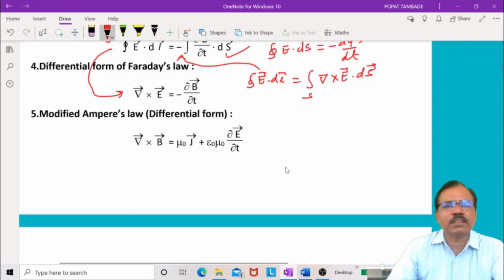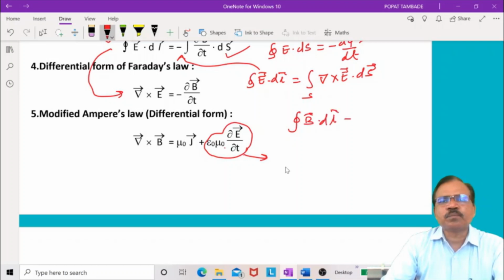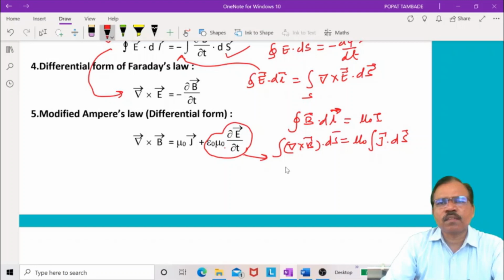Now modified Ampere's law: del cross B is equal to mu 0 J plus epsilon 0 mu 0 ∂E/∂t. This is the modified term introduced by Maxwell. In general, we know Ampere's circuital law, B dot dl is equal to mu 0 I, I is current, and we can write mu 0 integration J dot ds, and here we can write del cross B dot ds, means here surface integral of del cross B dot ds is equal to this.